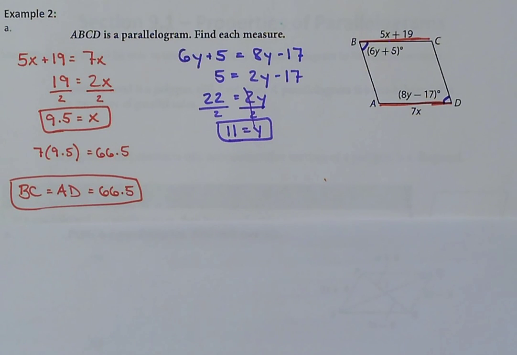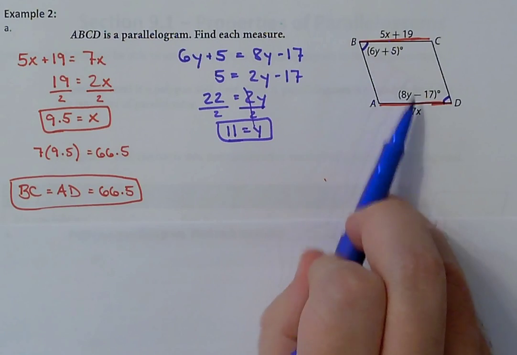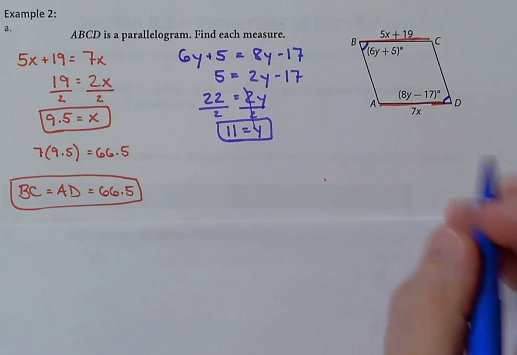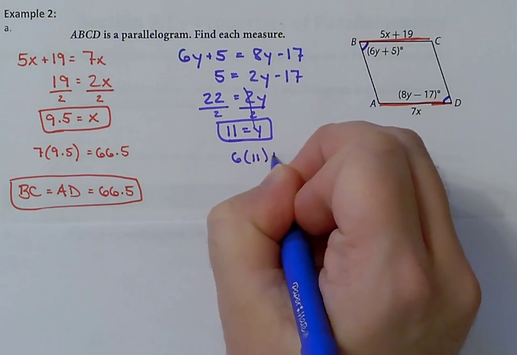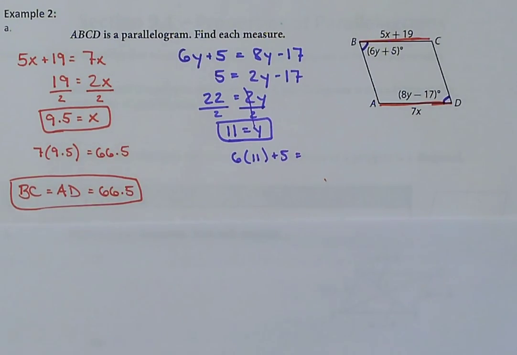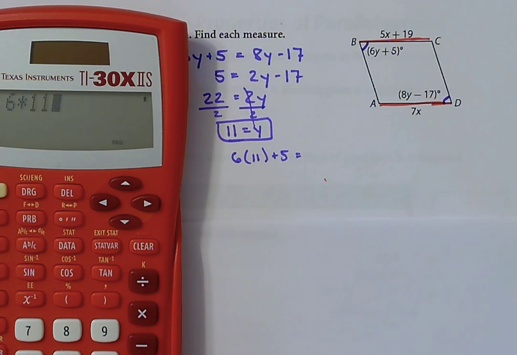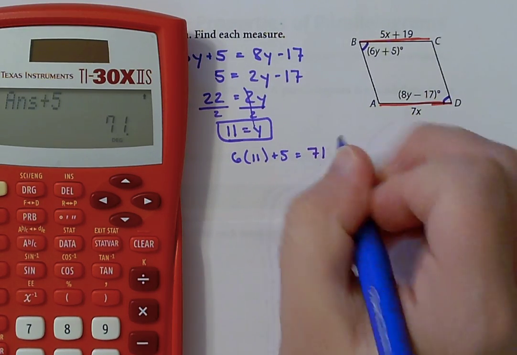So I now know what y equals. To figure out the measure of angle B and D, we're just going to take this 11 and plug it into one of these two expressions. Doesn't matter which one. I'm going to take the 6y plus 5. So 6 times 11 plus 5, and then we use our calculator. 6 times 11 is 66, and then plus 5 gives us 71.